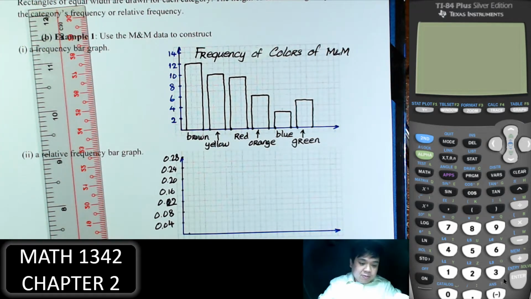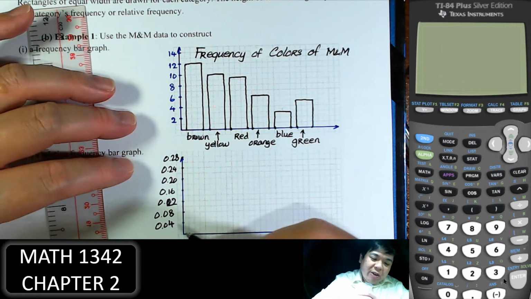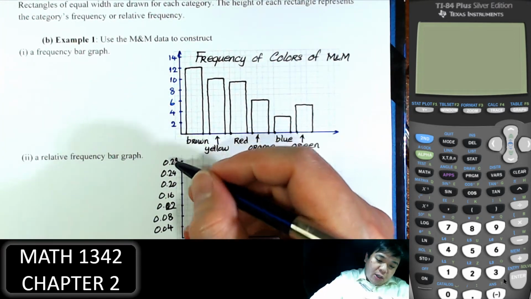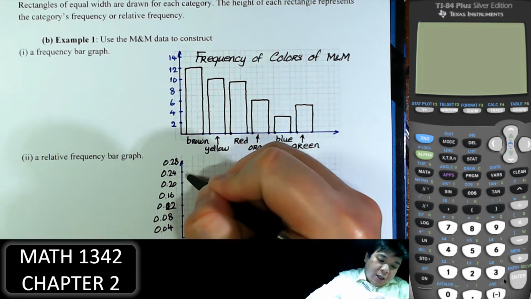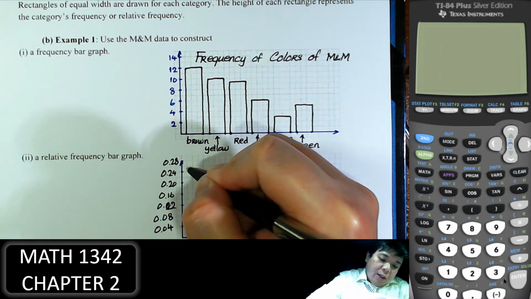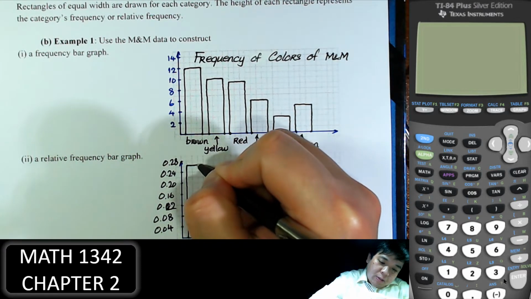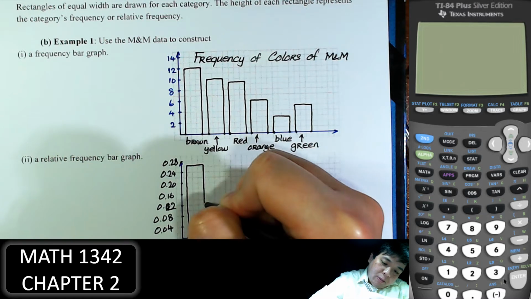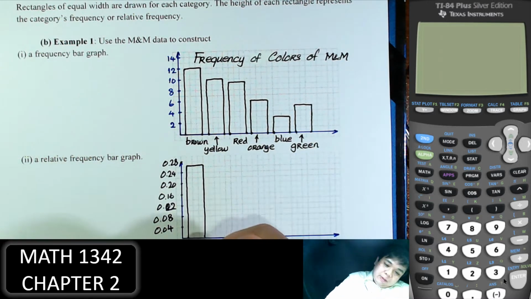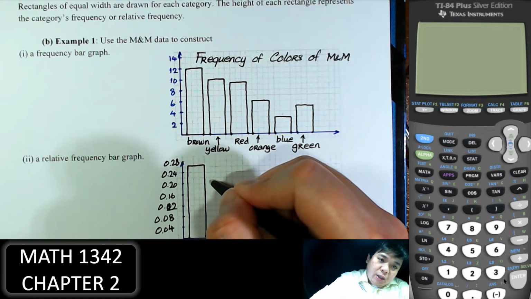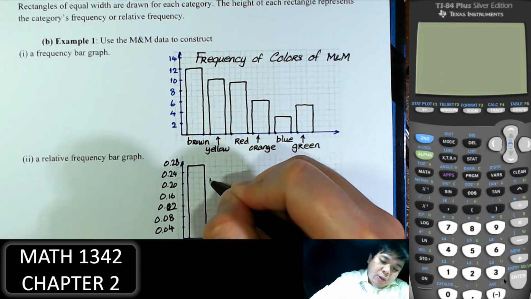All right. But this is going to be a little bit different. The first one is 26.7. The next one, 22.2. We round that.